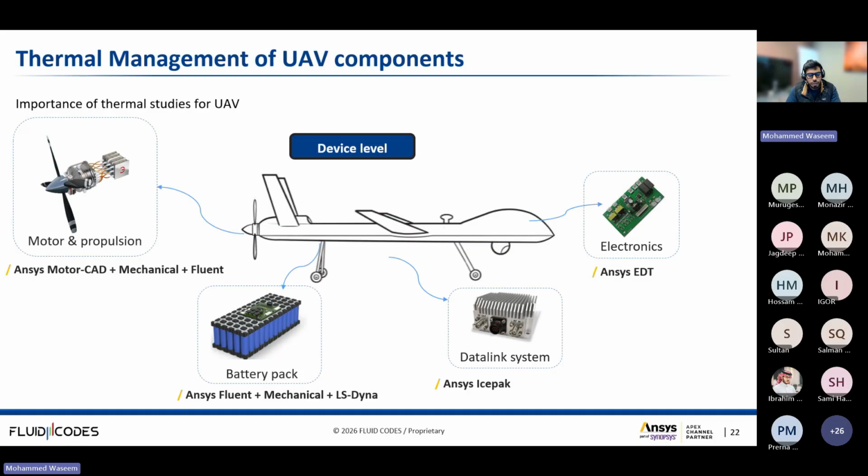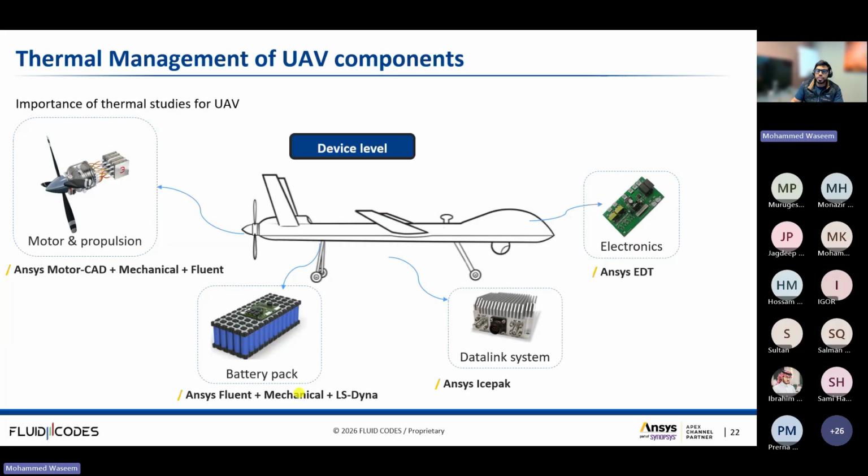So moving on, besides performance, another thing that decides UAV reliability is temperature control. In a UAV, heat builds up in compact areas like the motor, battery pack, electronics, and the data links.